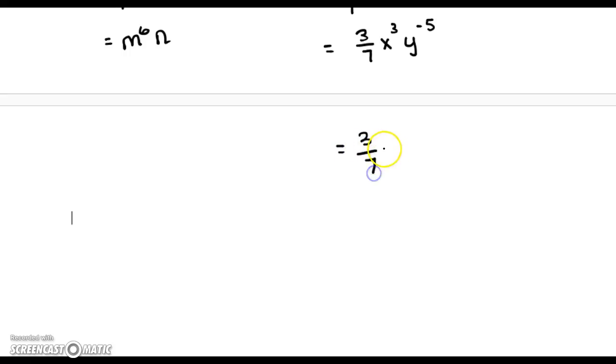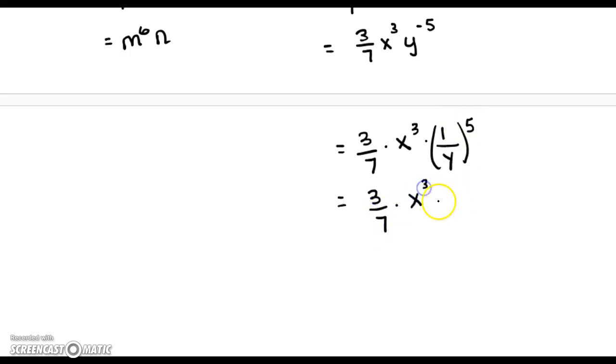So we have 3 over 7 times x cubed times, taking the reciprocal of y is 1 over y, and then that gets the exponent of 5. We can simplify this a little bit more. We apply that exponent to the 1 and to the y. So we get 3 over 7 times x cubed, and this becomes 1 over y to the power of 5.